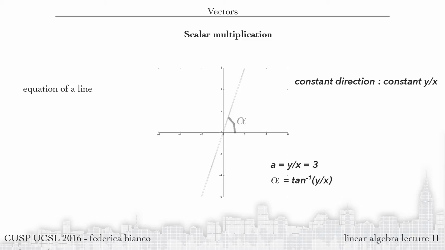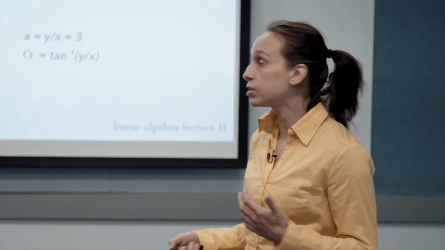The direction is given by the angle that the line forms with the x-axis. And this angle is a function of the ratio of the length of the x-axis and the y-axis components in a vector that runs along this line. The details of how you obtain that angle don't matter. It's an arctangent function, which is a trigonometrical function.